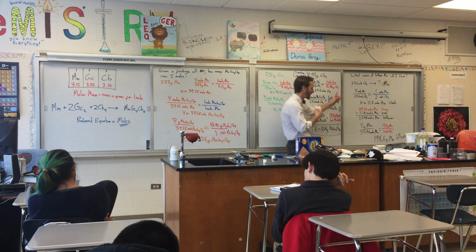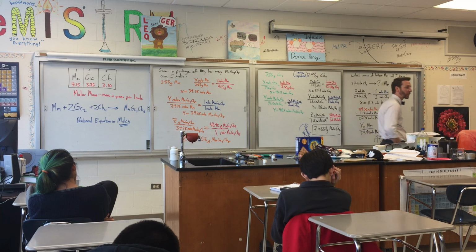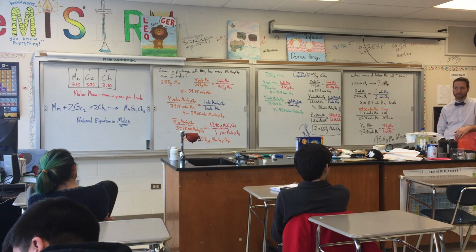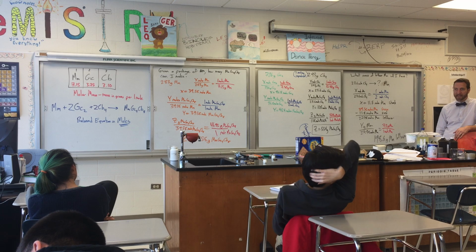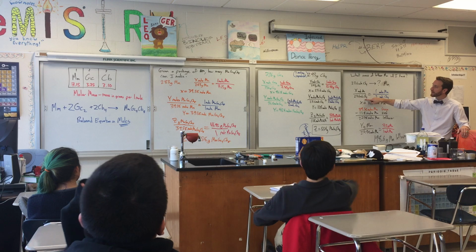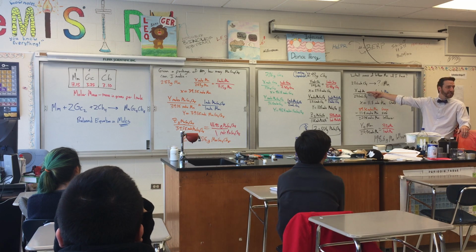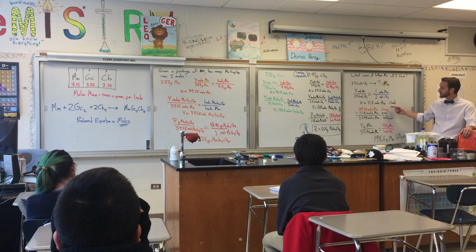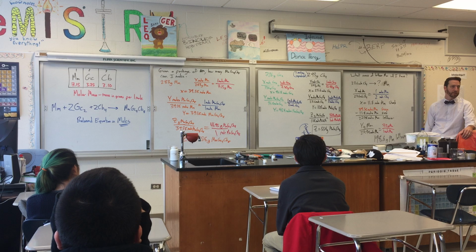I might also ask you to calculate what mass or what amount of excess ingredient is going to remain after we use up all of the limiting ingredient. Okay? Well, you have to do a proportion and set up from that limiting ingredient how much of an excess ingredient will you use. Once you figure out how much you used, you can subtract from how much you had. That'll tell you how much is left over. Okay?